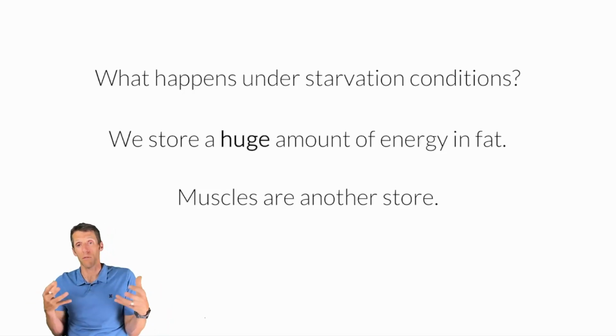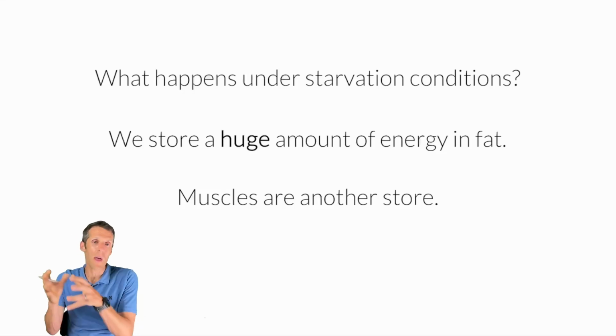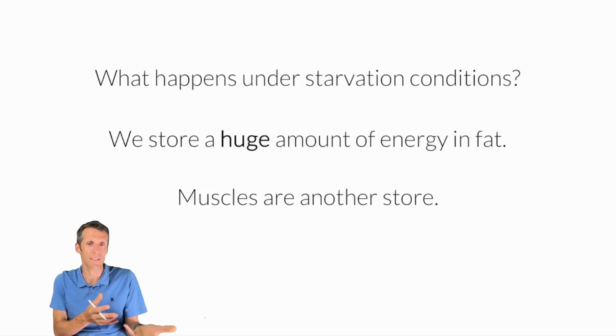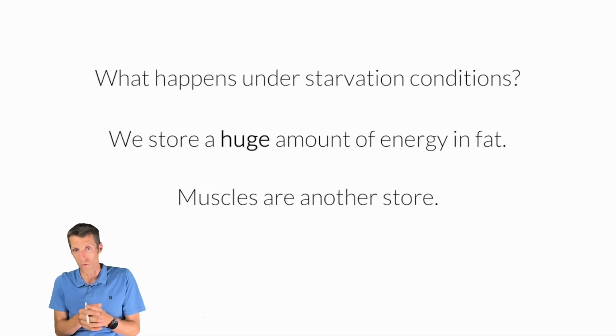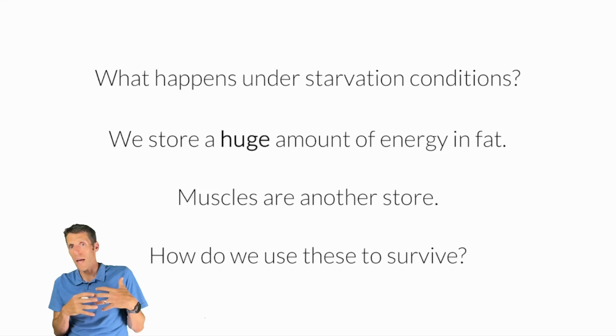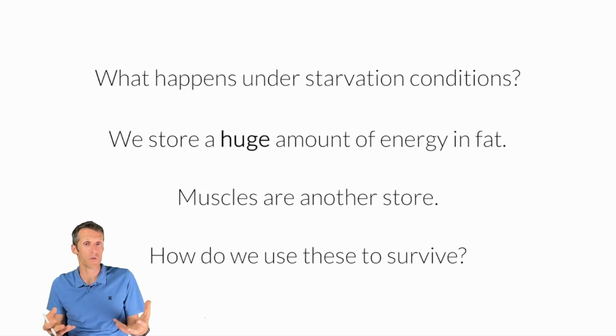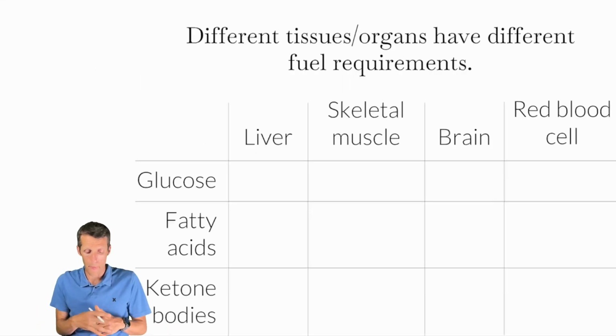Those proteins are built out of amino acids, and I haven't done videos on those yet, but it's coming soon. Amino acids can actually be converted into sugar and can be used as fuel as well. So those are our two sources of energy. And when we're under metabolic stress, where we don't have enough calories, the question is, how do we access these stores so that we can survive?